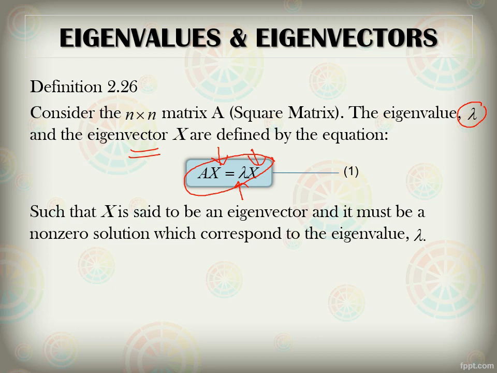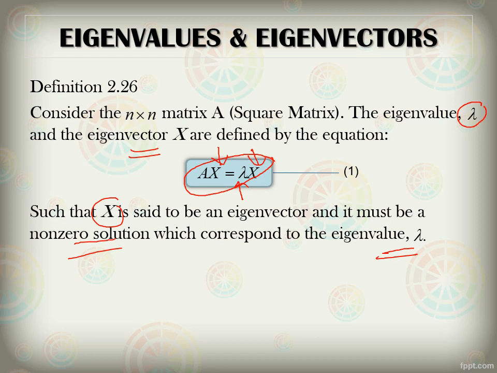So x is said to be an eigenvector and it must be a non-zero solution which corresponds to the eigenvalue of lambda. Why do we set x to be non-zero? Because we do not want our vector to be zero vector.